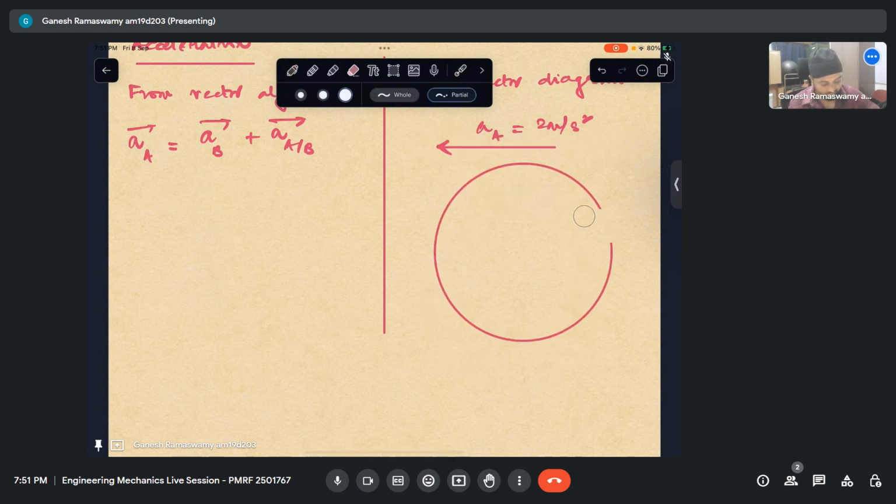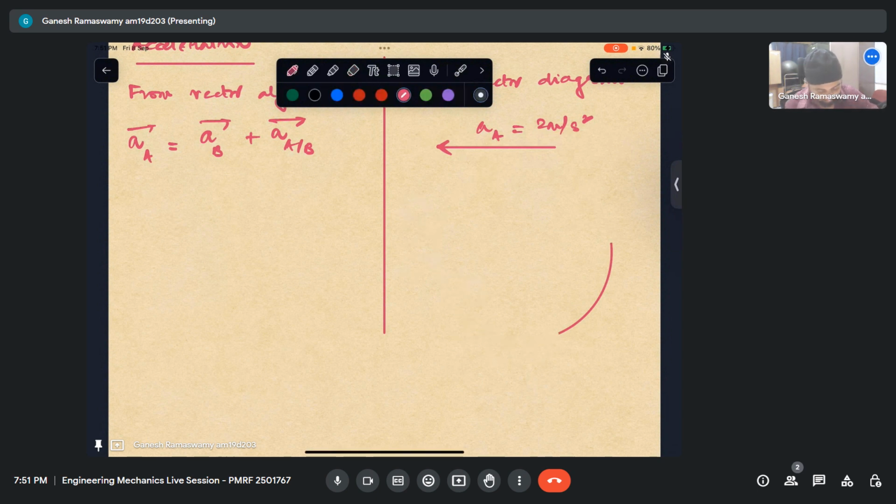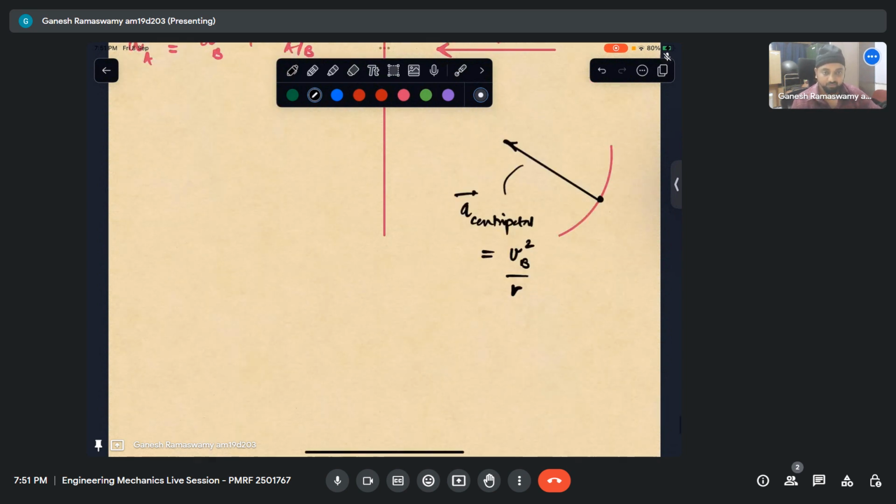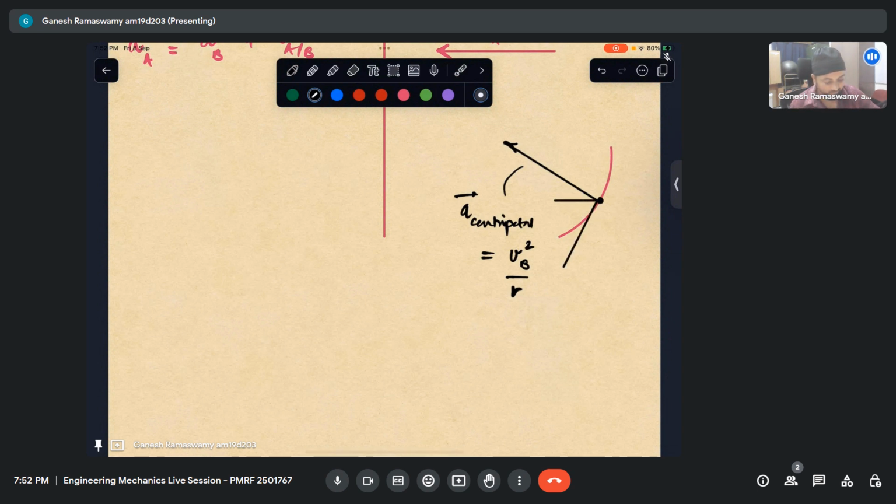Since this is the path and this is the car, I'll have a centripetal acceleration like that, which is equal to v squared by r. This again, if I see, is perpendicular to the velocity. This is my velocity, so this is 90 degrees.